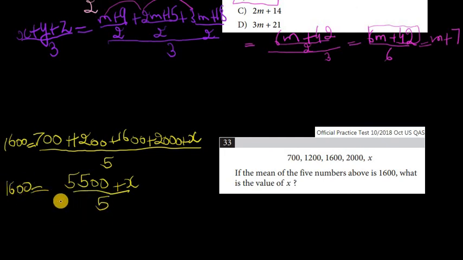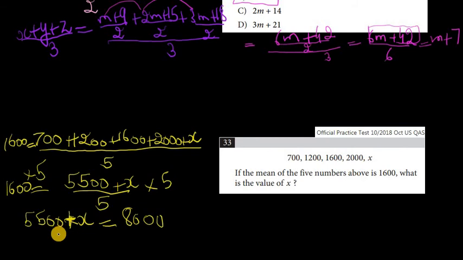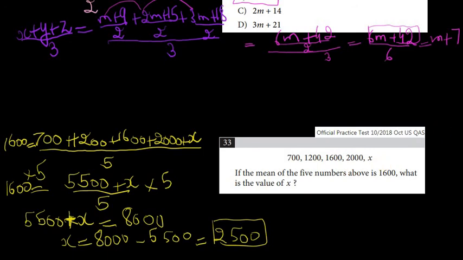And now I can just multiply both sides of this equation by 5 to get rid of the 5 in the denominator, and I'm going to get 5500 plus x is equal to 8000. And now I'm just going to subtract the 5500 from both sides to get x equals 8000 minus 5500, and that's going to be 2500. So that's my value for x.